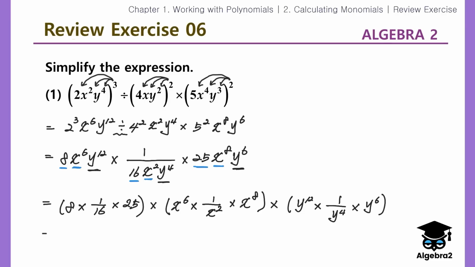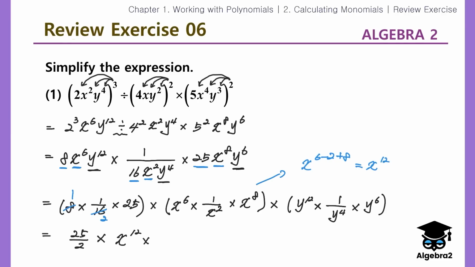So let's simplify numbers first. 8 times 1, 8 times 2, so 1/2 times 25, that's just 25 over 2, right? So 25 over 2 times x to the 6 minus 2 plus 8. So that's 6 minus 2, 4. 4 plus 8, that's 12, right? So x to the 12.